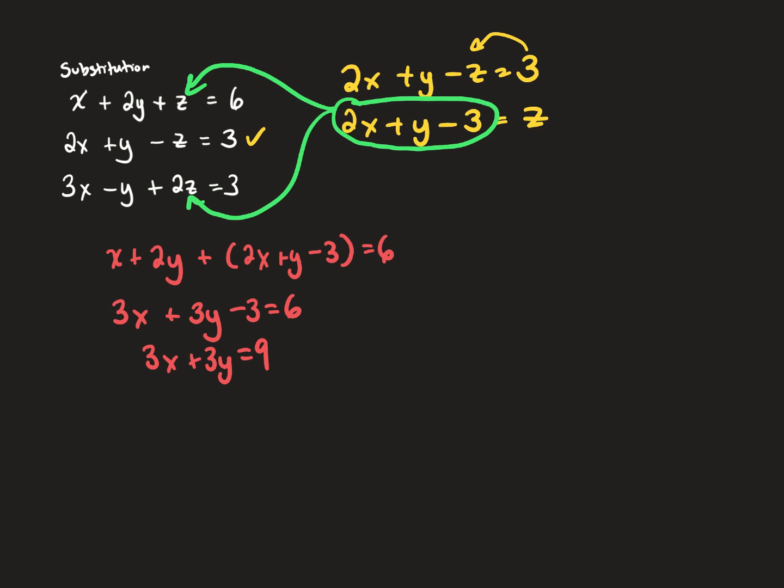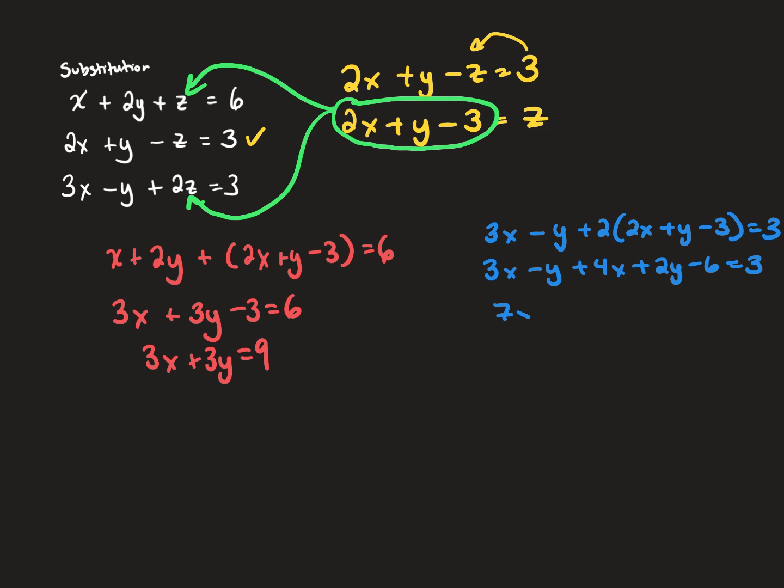And for this bottom one, if I plug in, we get 3x minus y plus 2 times all this, 2x plus y minus 3, equals 3. So this will be 3x minus y plus 4x plus 2y minus 6 equals 3.